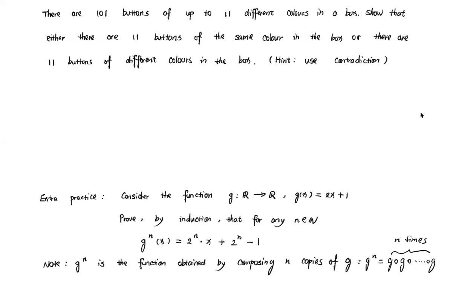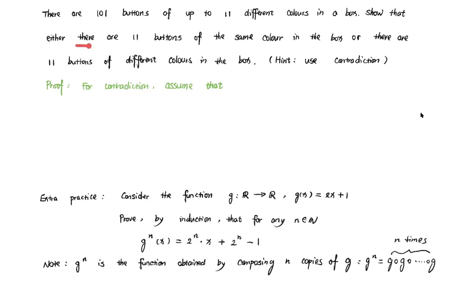Let's take it up. Proof, for contradiction, assume, okay, our assumption: either something or something will give you both something and something. Now we need to negate this.